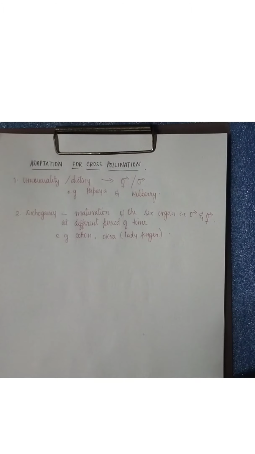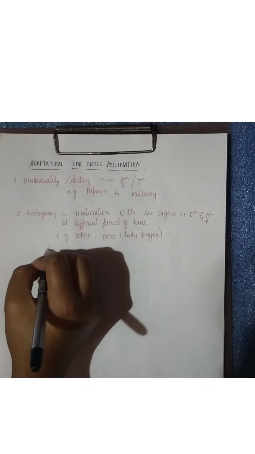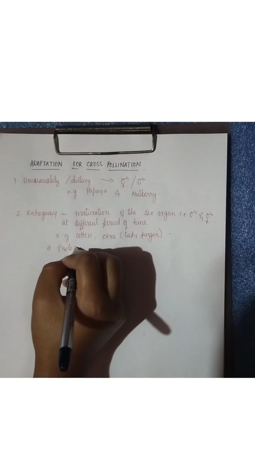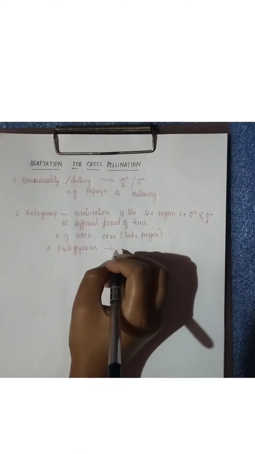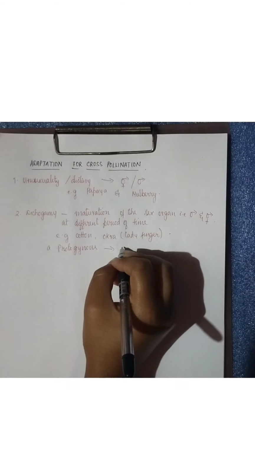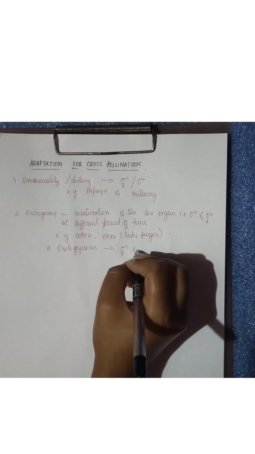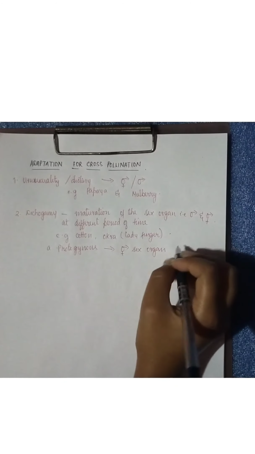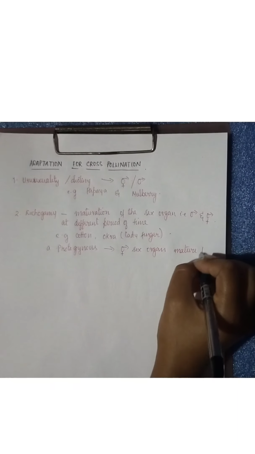So there are two types of this dichogamy, which is number one, the protogynous. The protogynous means the female sex organ matures first.